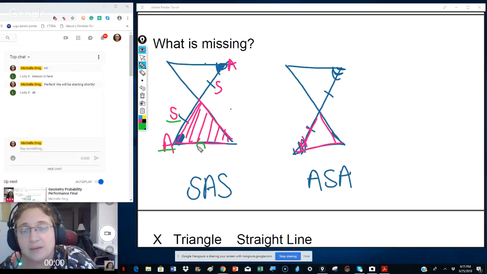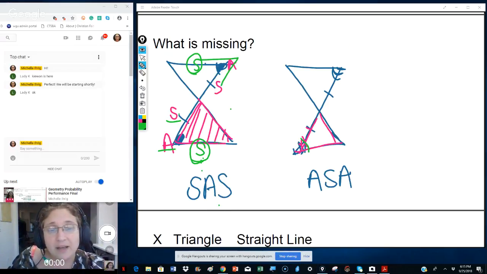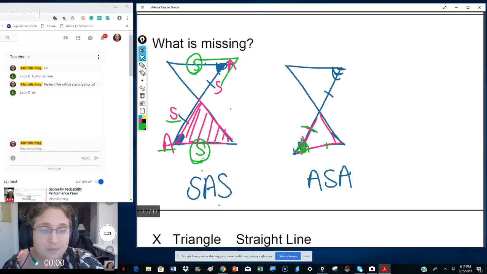No. We need to make sure that we make our sandwich. So we would need to know this bottom side matches to this top side. And that's going to give me SAS. Here, we have an angle and we have the side. If we got the bottom side, that would give us side, angle, side, which is not what they want. They want angle, side, angle. Okay?